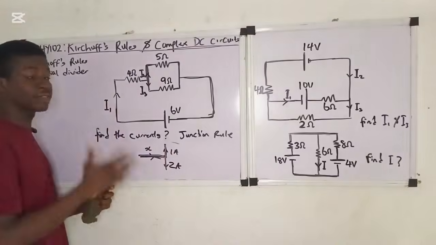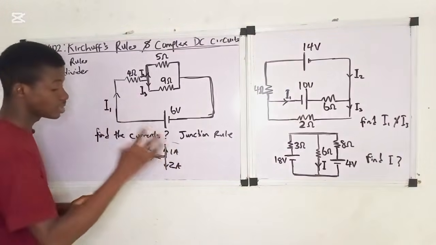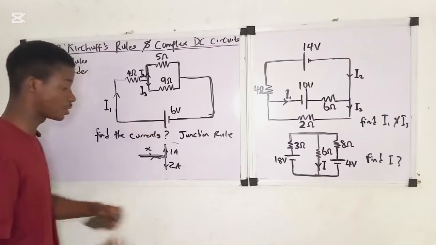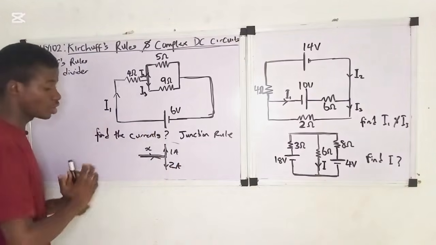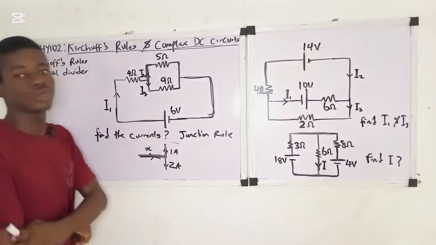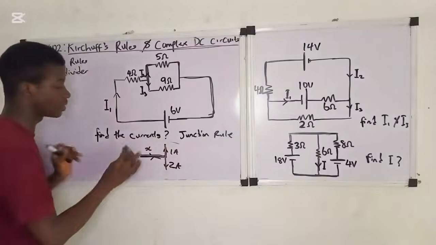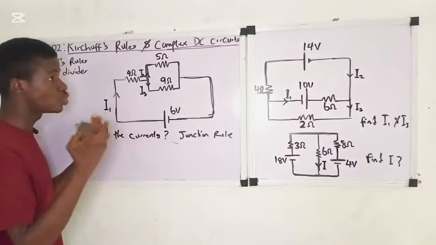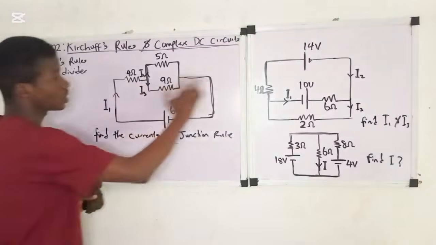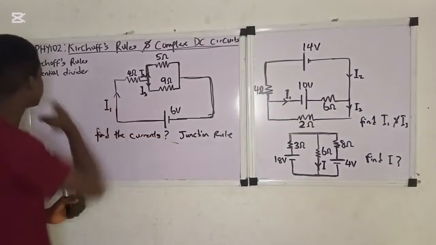How much current is leaving the junction? 2 plus 1 is 3, so 3 ampere is leaving the junction. So according to the junction rule, the current entering a junction equals the current leaving a junction. Please have that in mind, it is very, very important. You need to know these rules before we can start solving questions like this regarding Kirchhoff's rules.